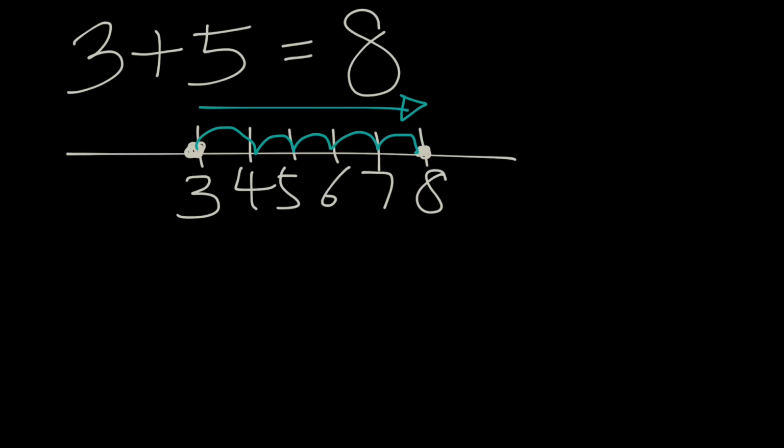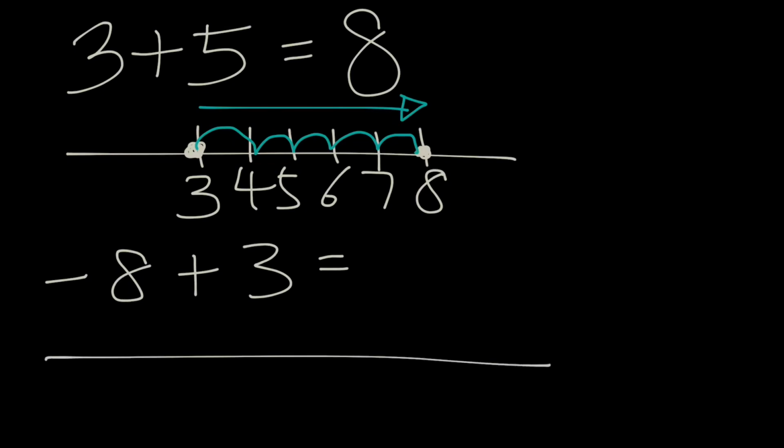Now, why is that important to display on the number line? Because when it comes to negative numbers, it's easier to understand from the number line perspective. As an example, when we have negative 8 plus 3, what is the answer for that? If we put this on the number line, we start at negative 8 and we're adding 3 on top of that, meaning we're going 3 points to the right.